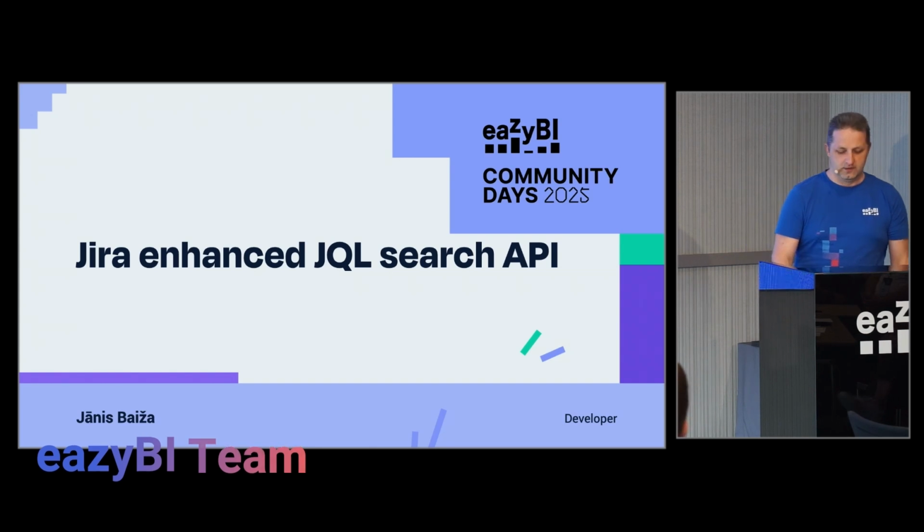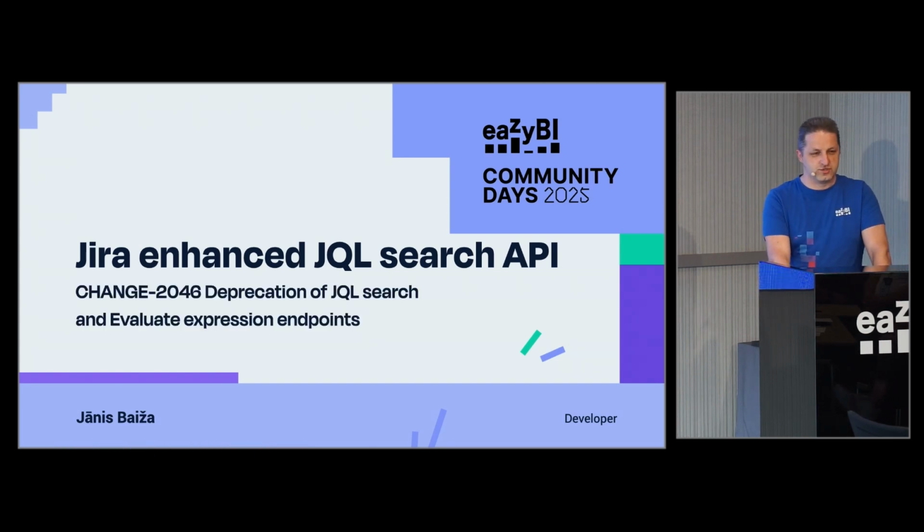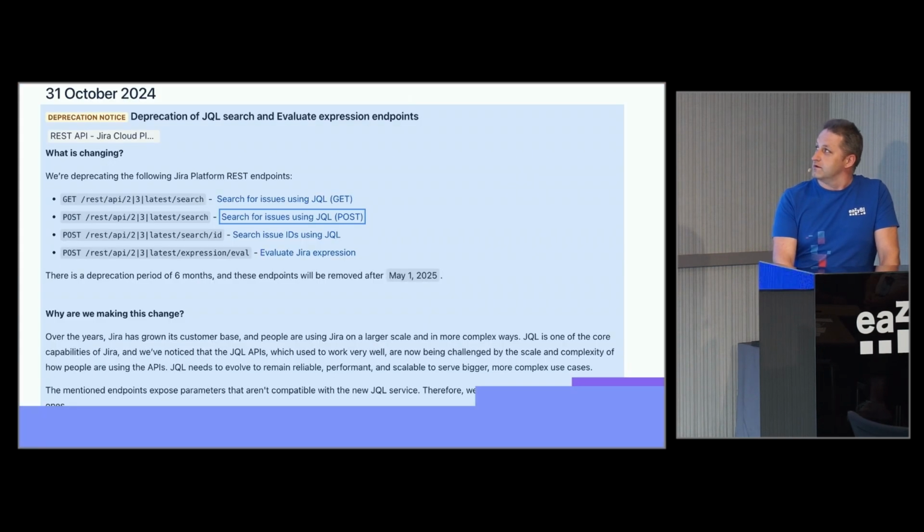Some time ago, Atlassian announced change 2046, the deprecation of JQL search and evaluate expression endpoints, at the end of last year.